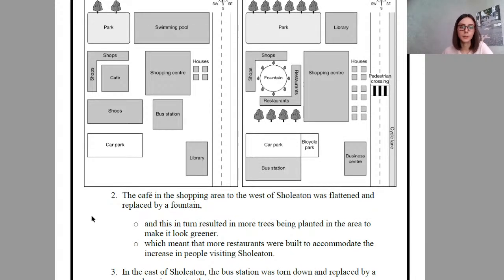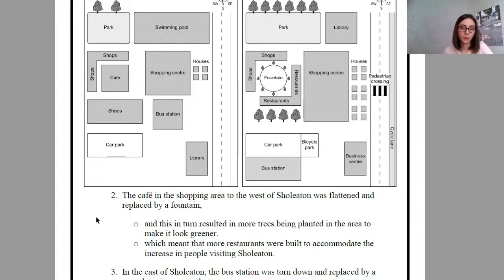So let's take a look at this. So you can see there was a cafe, and this is the shopping area. So what happened? They knocked down the cafe, they built the fountain. And as a result, what happened?